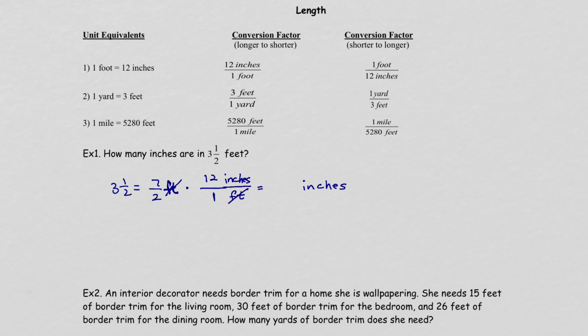So once you decide what fraction form you're going to multiply, you want to reduce and then multiply. 2 goes into 12 6 times. So basically what you're doing is multiplying 7 times 6. So that's going to give you 42 inches.